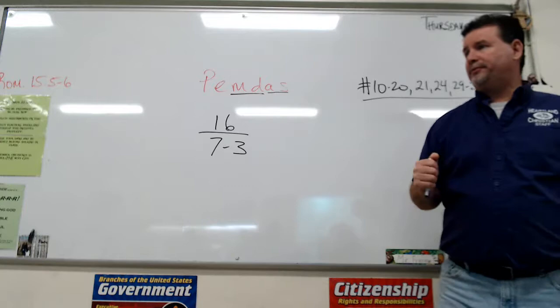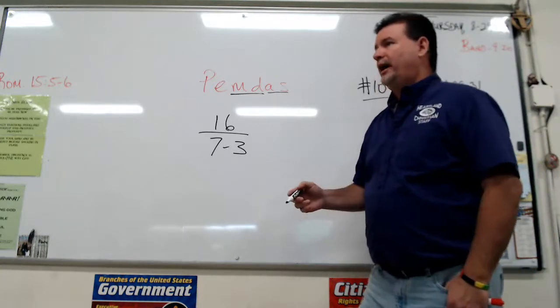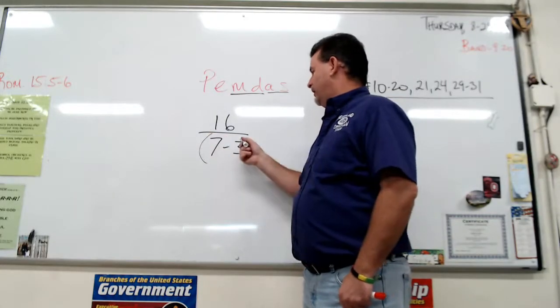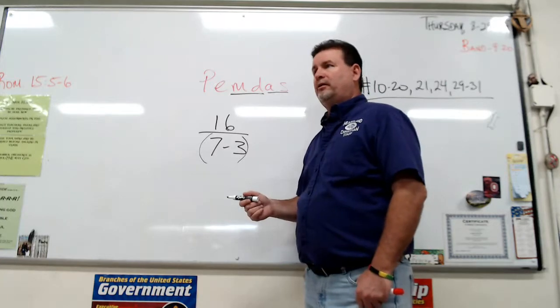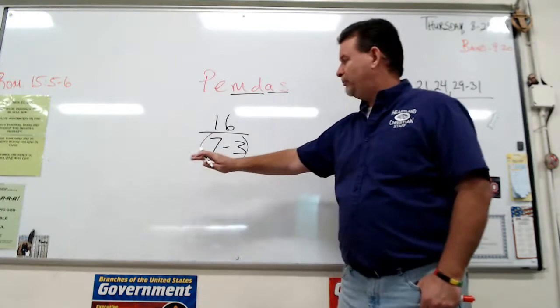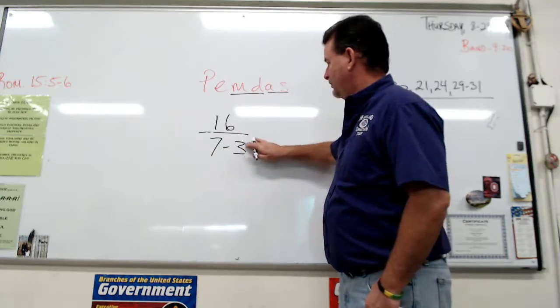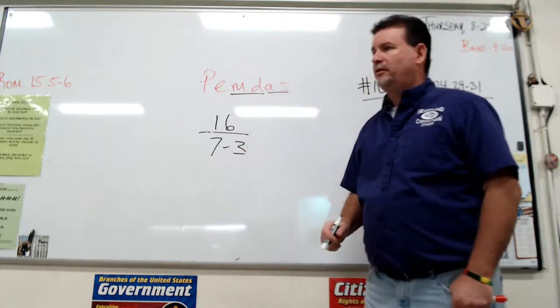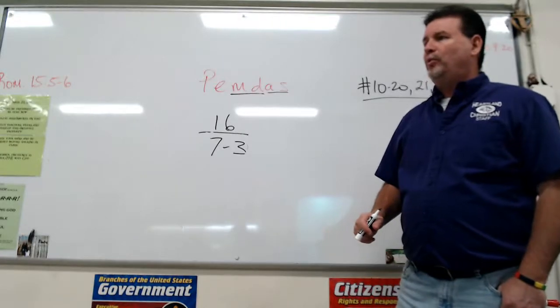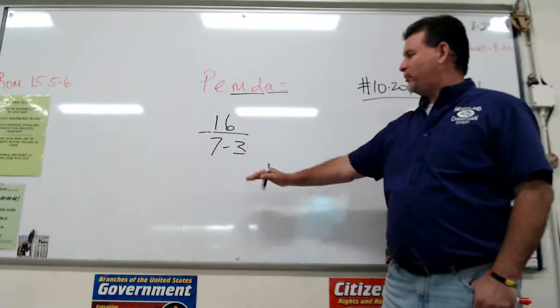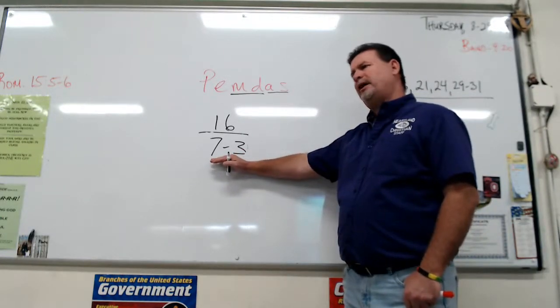Yes, but it doesn't. Like if they would have put parentheses here, then it'd be okay. Yeah, but they didn't. But would you feel better about doing 7 minus 3 first? If they put parentheses there, wouldn't you be like, oh yeah, do 7 minus 3 first?